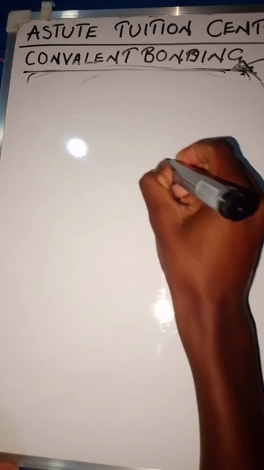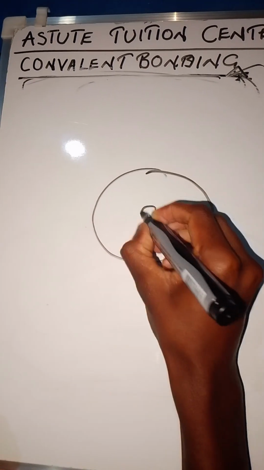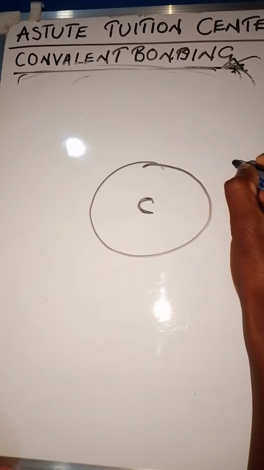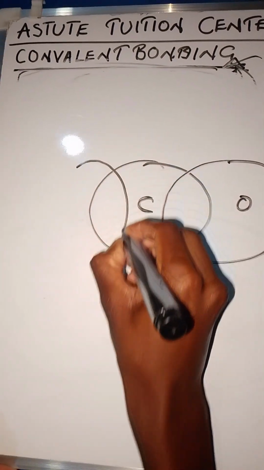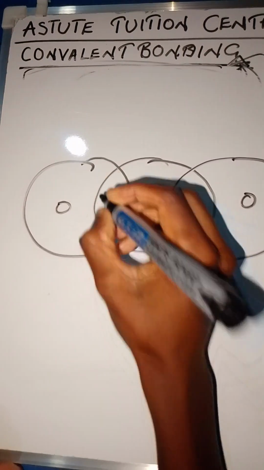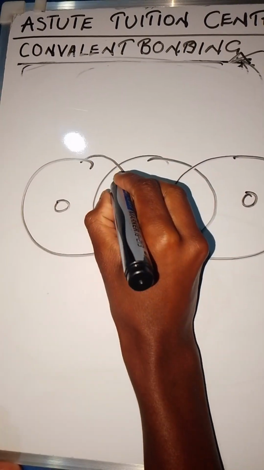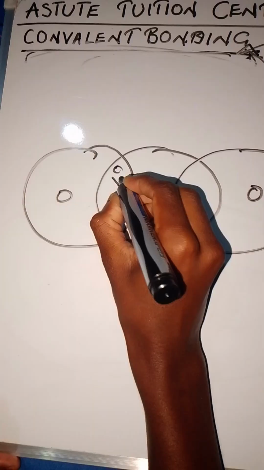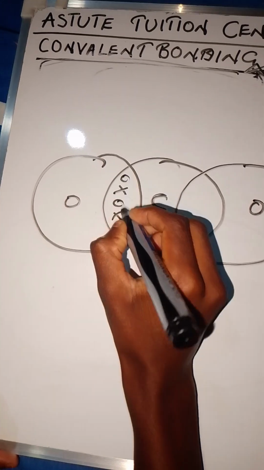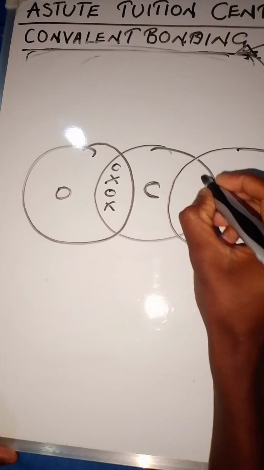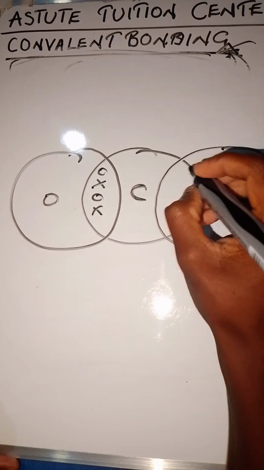So we're going to put our carbon there in the center and our oxygen on the side, and the oxygen there. I said oxygen will give 2. So I've got 2 electrons from oxygen, the dots, and the crosses from carbon.